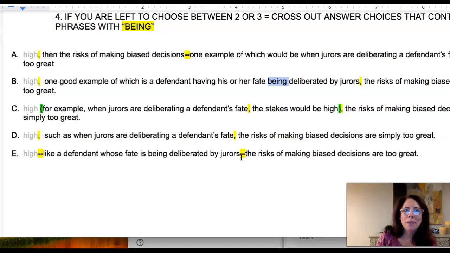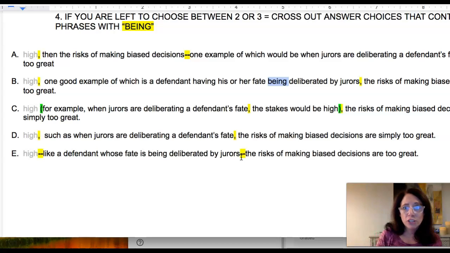What your ear should be picking up is that you have the being, which is a huge red flag, like you should hear it blaring at you, this alarm saying, don't cross me off, I'm not correct, I'm being. So being does need to be eliminated because it is signaling a passive voice. The jurors are deliberating the defendant's fate instead of the defendant whose fate is being deliberated by the jurors.